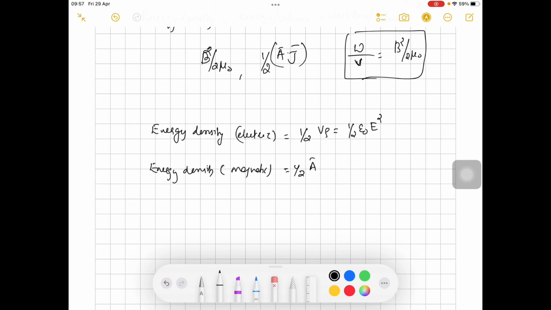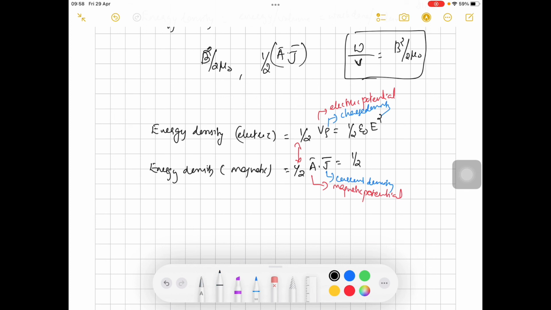Here rho is the charge density; here it is the current density. So you can compare this: half is there, V is the electric potential, and in the same sense this is the magnetic potential. Here it is charge density, and this is current density.